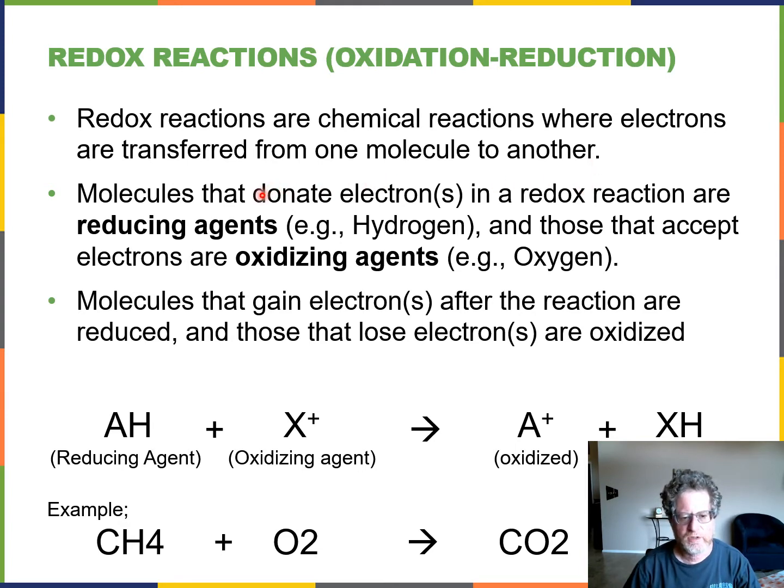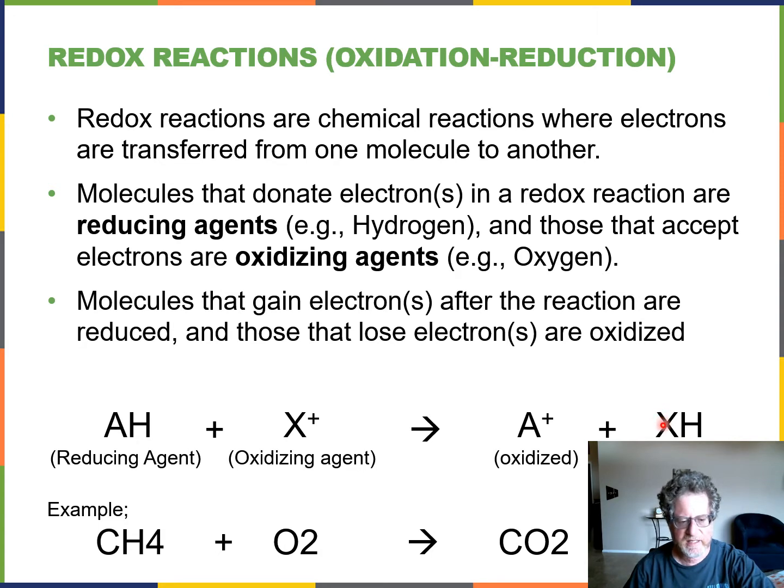Okay, molecules that donate, I won't use reducing agents and oxidizing agents like they do. They're right. This is a reducing agent, and this is an oxidizing agent. And then this is a product that's oxidized, and this is a product that's reduced.